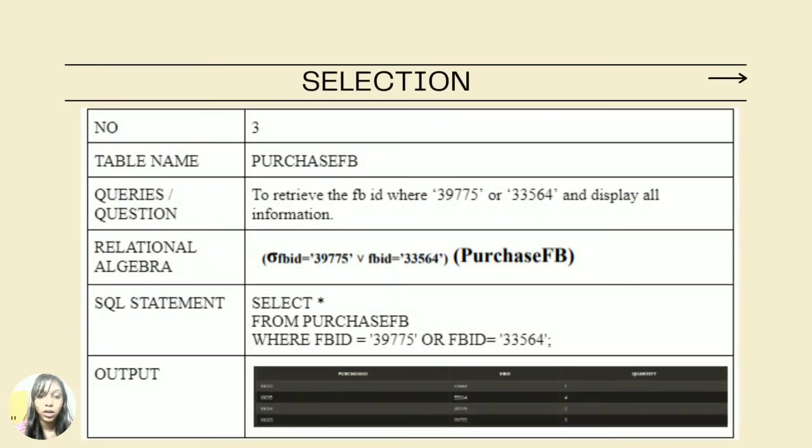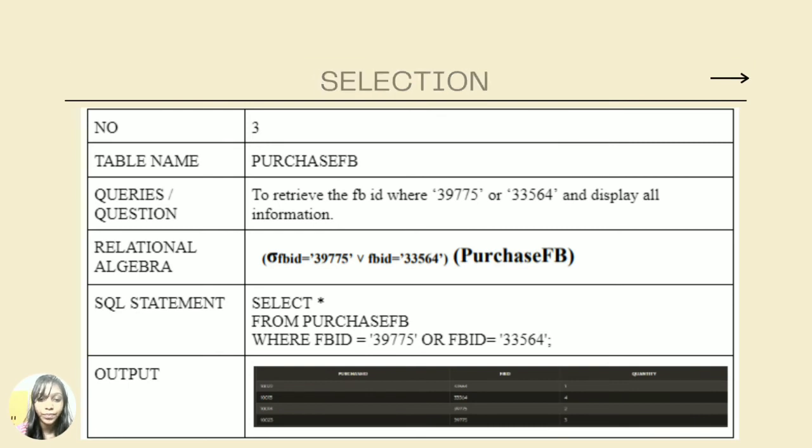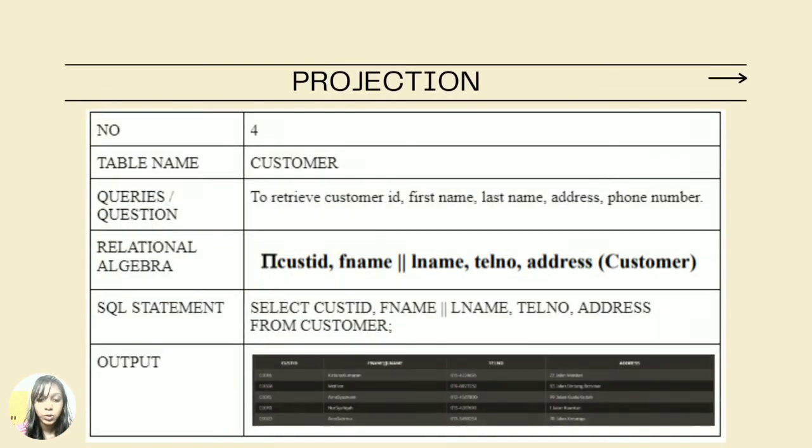And the next operation will be the selection, and we did the selection from the table purchase FB. What we did was to retrieve the FB ID where 39775 or 33564 and display all the information, and using the proper relational algebra and suitable SQL statement, we managed to get the output and we received 4 outputs.